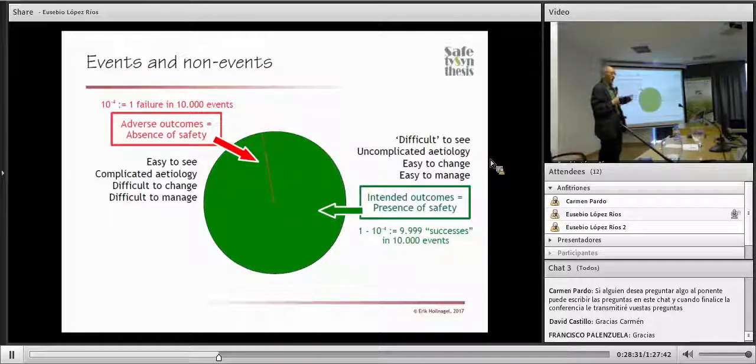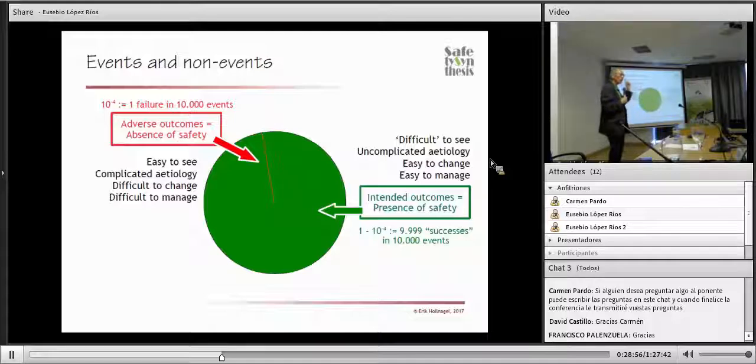But for the example, we say 10,000 events. And we have a probability of failure of 10 to the minus 4, 1 out of 10,000. Anyway, you can see there's a big red arrow which points to a very small line, which represents 1 out of 10,000. So what do we do when we work with safety?